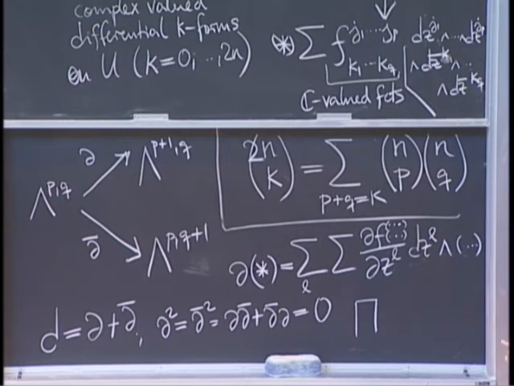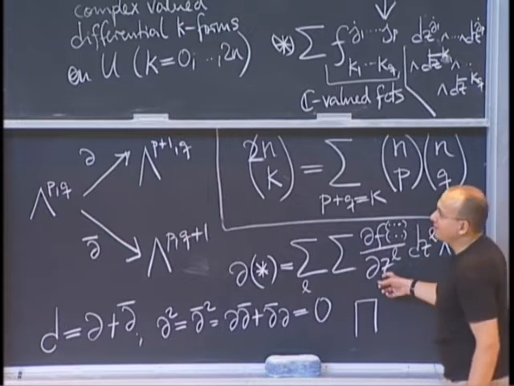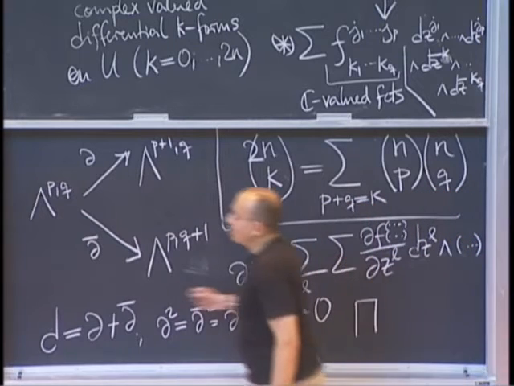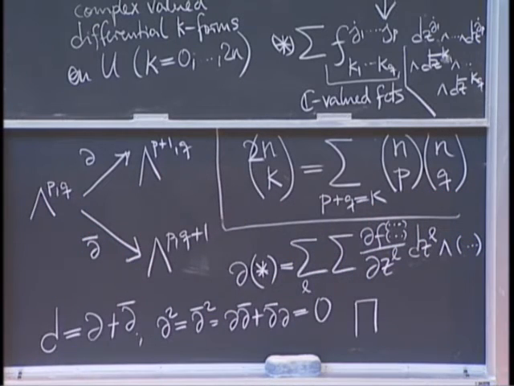Well, it's the same actually, because del bar of CL is equal to 0. But I sort of prefer to write it in this way because a priori it's not even clear what d by dzj is supposed to be. I've defined it as a differential operator, but a priori it's not a vector field in any obvious sense. It's like a complex vector field.